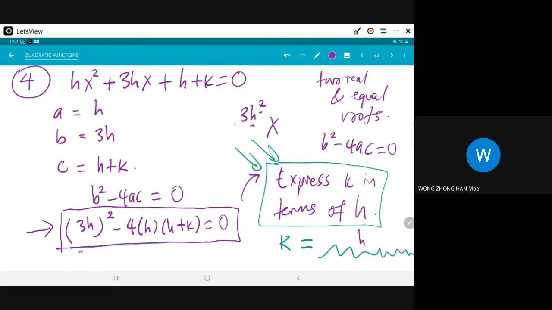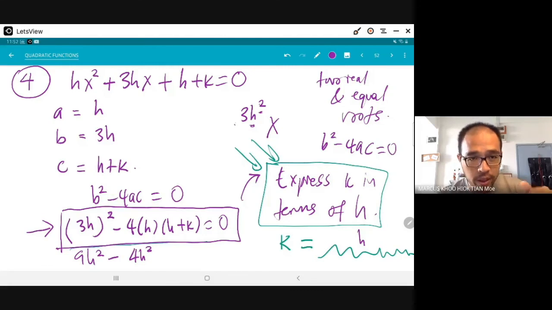9h squared minus 4h squared k. Not yet. 4h squared correct already. Okay, so you multiply 4h by h, right? And then the 4h you also multiply with k because this one has plus. So the minus 4h squared is already correct.